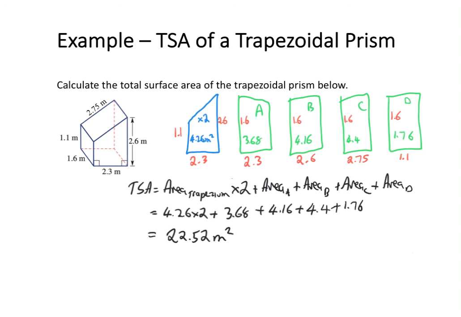So the total surface area, calculated by breaking the shape into individual components, working out their areas and adding them together, is 22.52 meters squared.